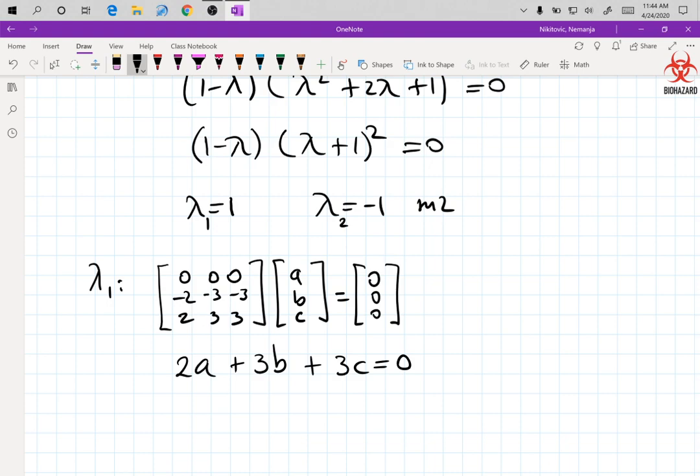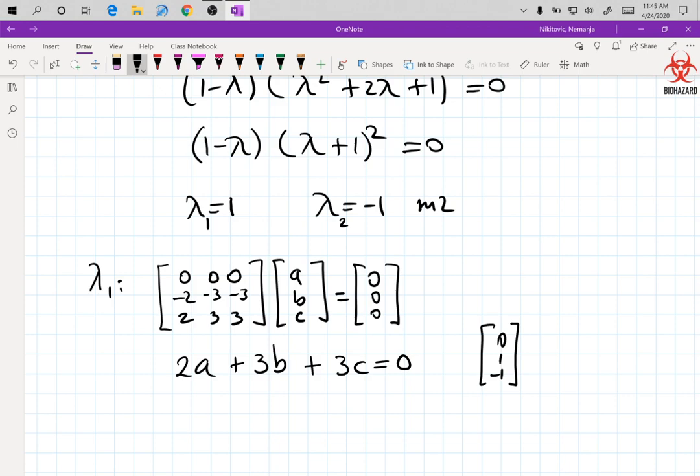So you can pick 0, 1, negative 1, that would work, right? You can literally pick anything as long as you are making everything add to 0. So if you want to pick negative 3, 2, 0, that will work as well.